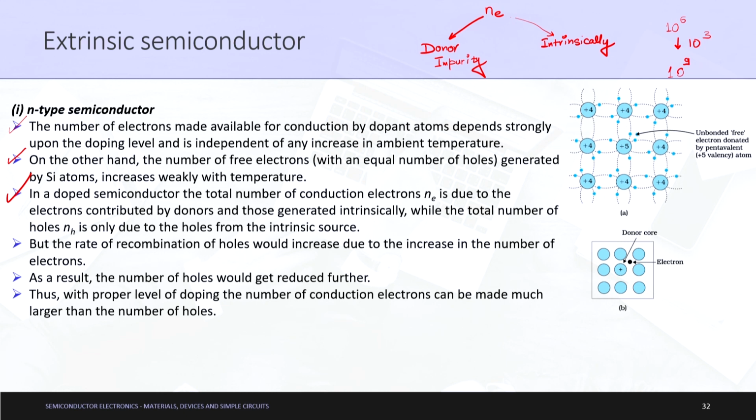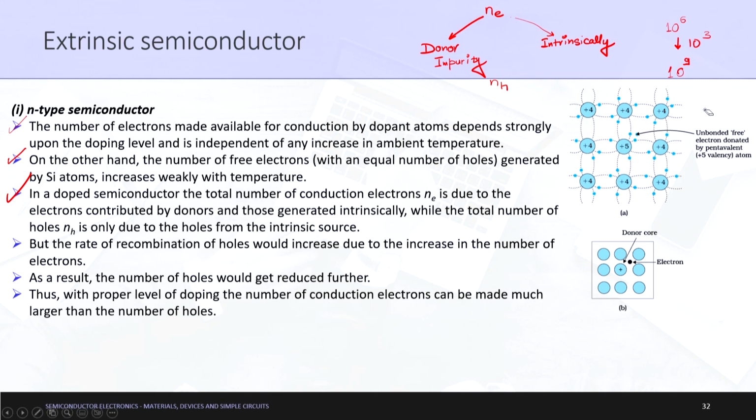Okay. While the total number of holes NH is only due to the holes from the intrinsic source, quite evident. Why? I will explain this very carefully again. As you can see here, NH, that is the number of holes being generated, quite evident. This free electron, or this addition of pentavalent atom, or this addition of donor impurity does not create any additional holes here, right.